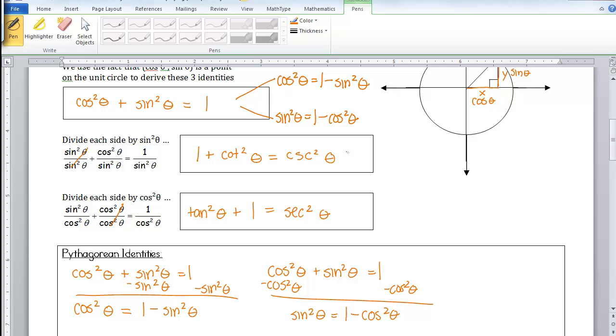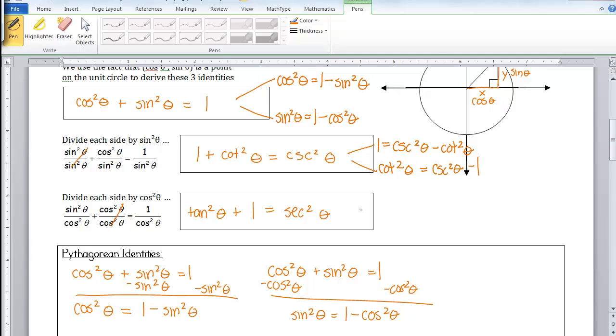For our second identity, if we subtracted cotangent squared to the other side, we would have 1 equals cosecant squared minus cotangent squared. If we had subtracted 1 to the other side, you would have cotangent squared equals cosecant squared minus 1.